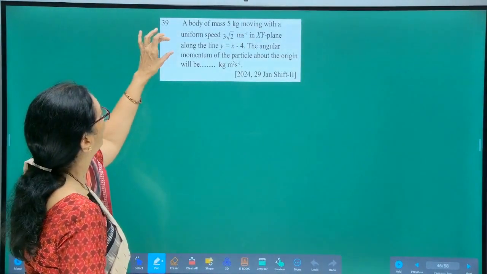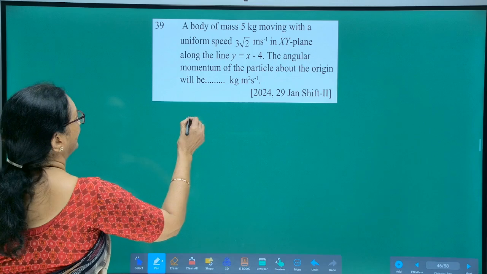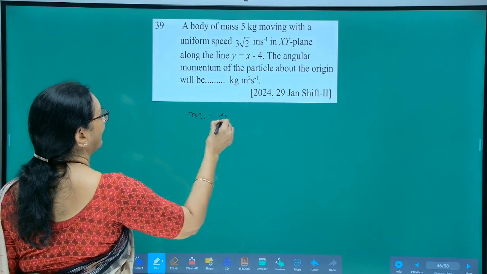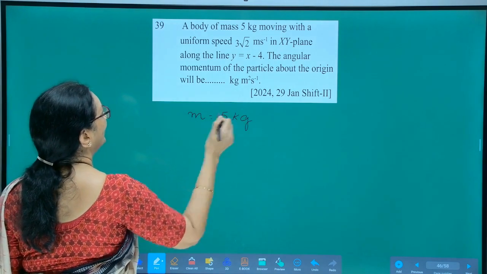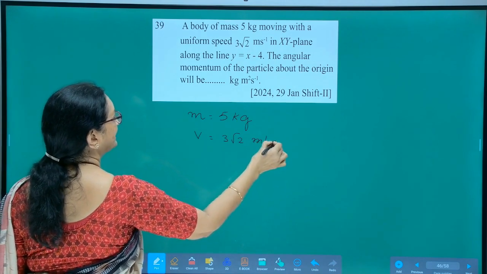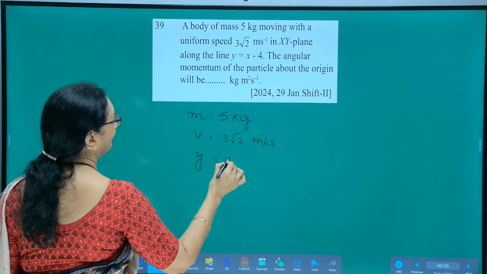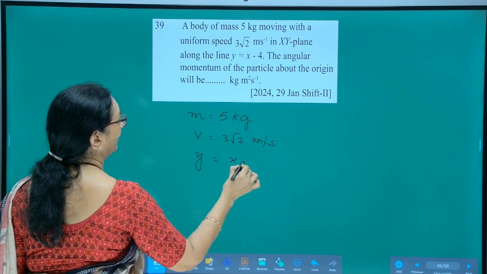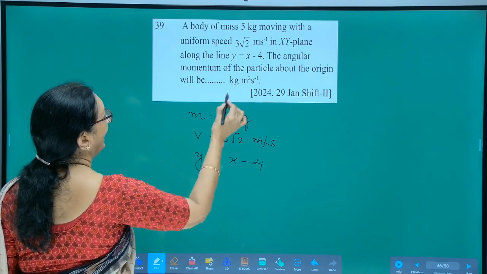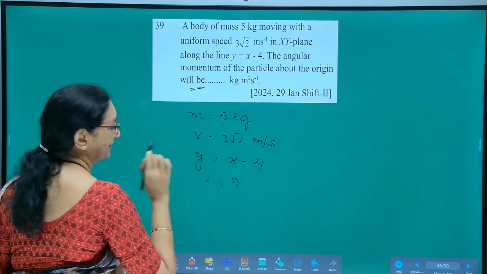Okay. Now, look here, a body of mass 5 kg, mass is given as 5 kg, moving with a speed 3 root 2 meter per second in the xy plane along the line given by y is equal to x minus 4. The angular momentum of the particle about the origin.